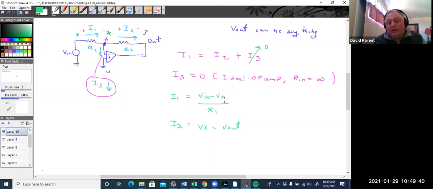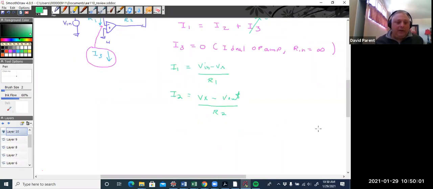And notice how in I1, Vx was on the negative side, but compared on R2, it's on the positive side.